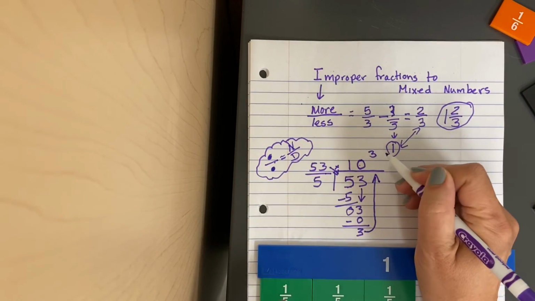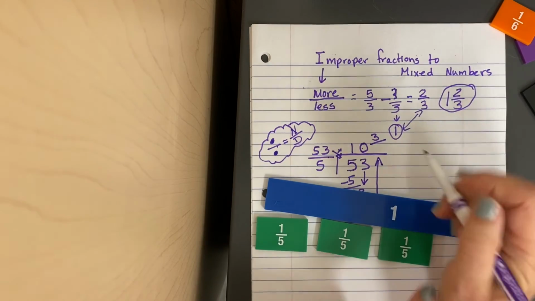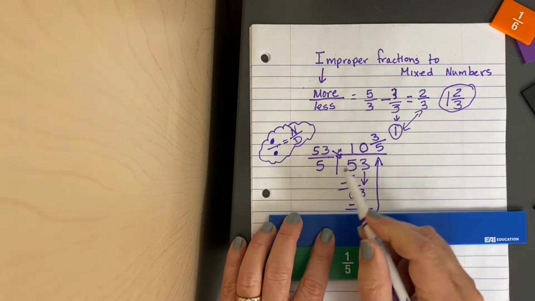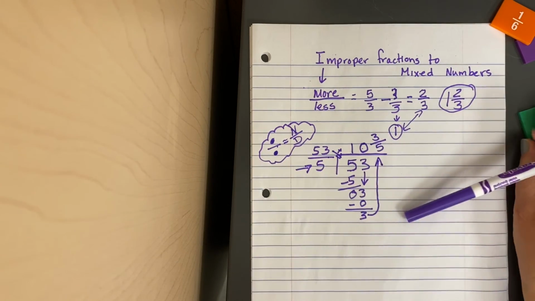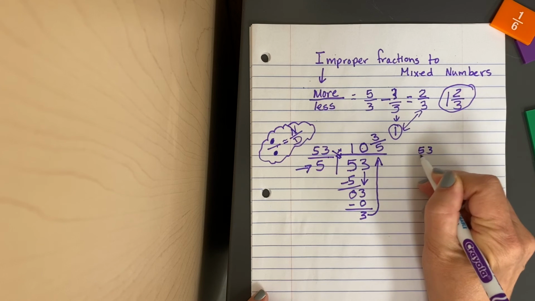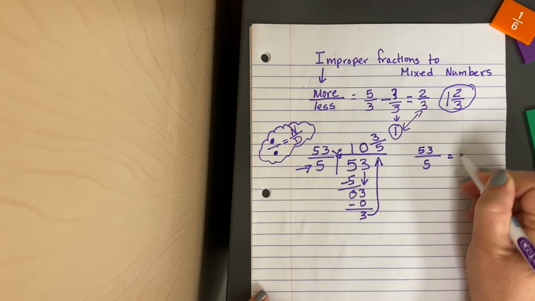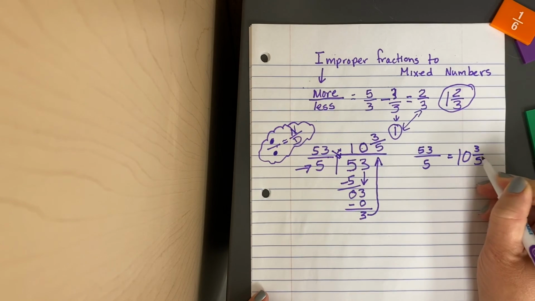So that means I have these 3 pieces. What size are they? They are fifths. How did I know that? Because my denominator is 5. That's the size of the piece. So what I have here is 53 fifths equals 10 and 3 fifths.